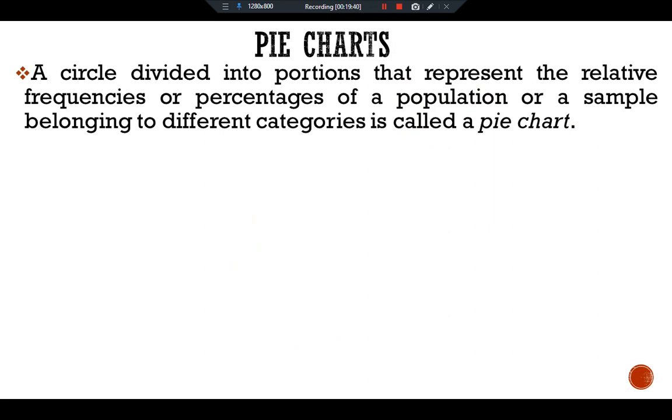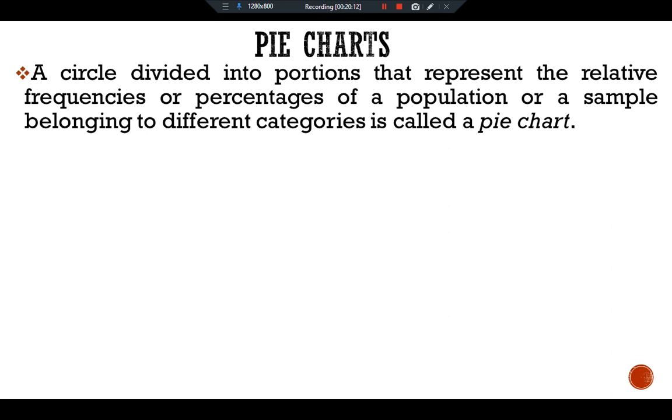A pie chart is more commonly used to display percentages, although it can be used to display frequencies or sometimes relative frequencies. The whole pie chart represents the whole circle, that is the total sample or total population. Then we divide the pie into different portions that represent the different categories.